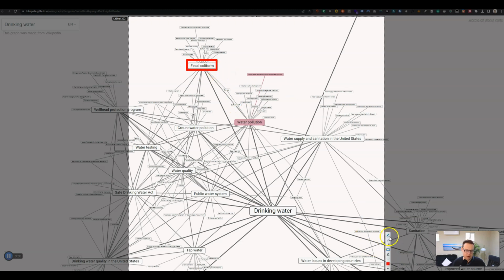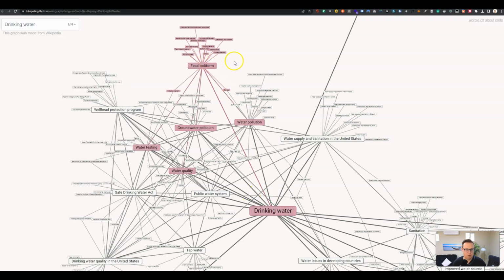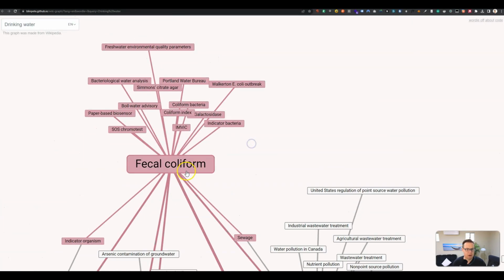So you definitely don't need to cover that in your topical map because it's not related, but it's just a way to show you all of the possible topics that you can cover. And then it's your job to find out, right, what's the distance from drinking water to fecal coliform, which I guess is a bacteria.